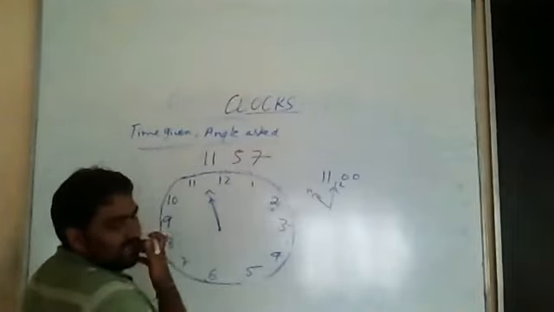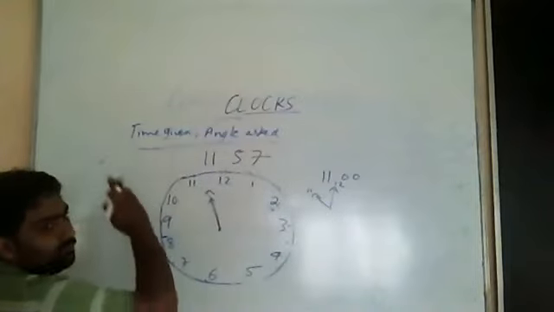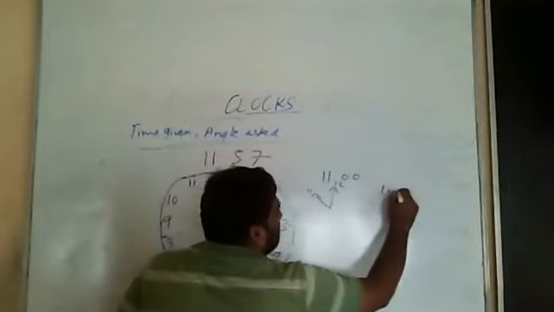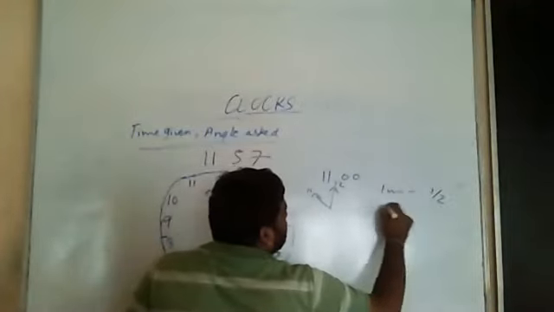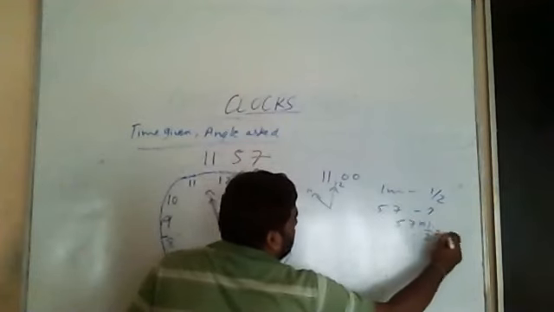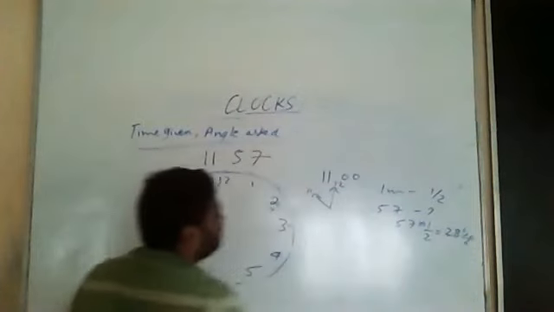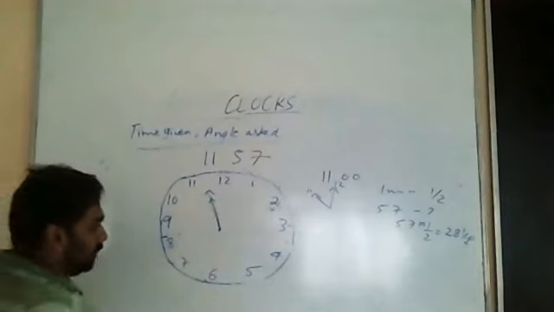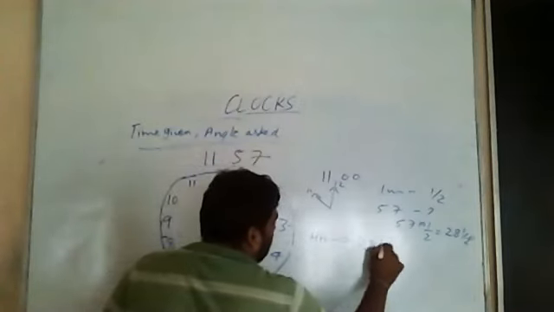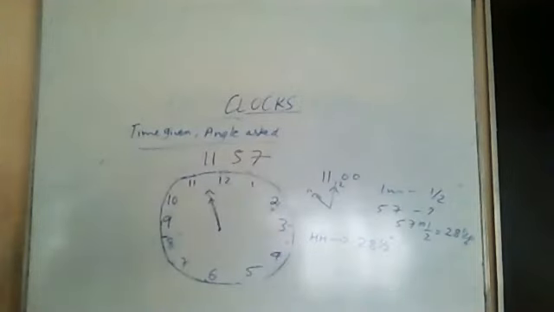Now, our hour hand is moving from 11 towards 12. 1 minute, half a degree. 57 minutes, how much? 57 into 1 by 2, that is 28 and a half degrees. So our hour hand has traveled 28 and a half degrees. Okay?